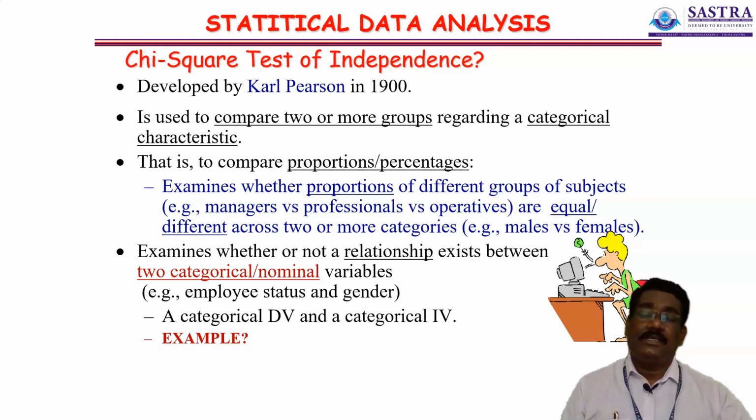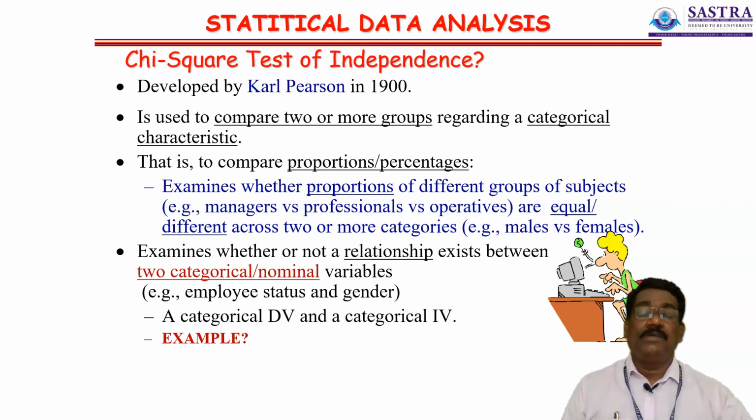Like that, we can also find out purchase behavior versus income group. Income group is the categorical variable, and purchase behavior is the dependent variable. Like that, we can find out many aspects in a real-time business context.